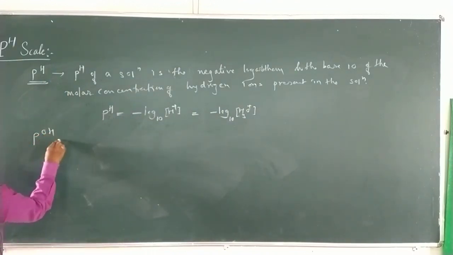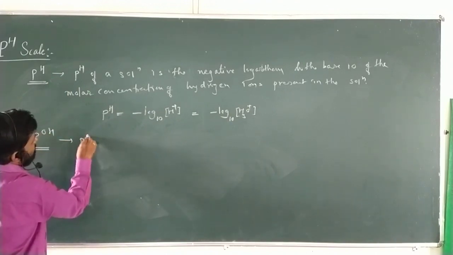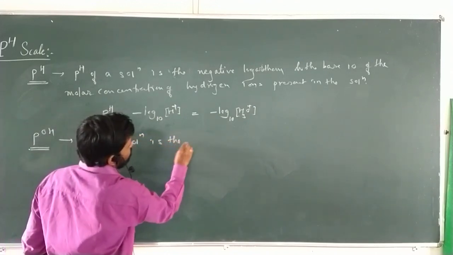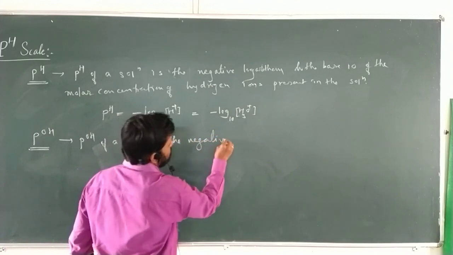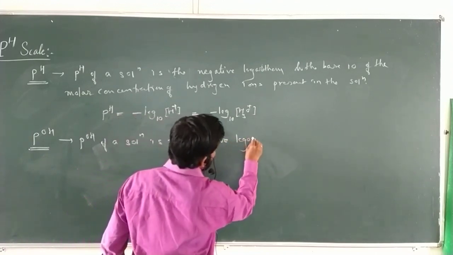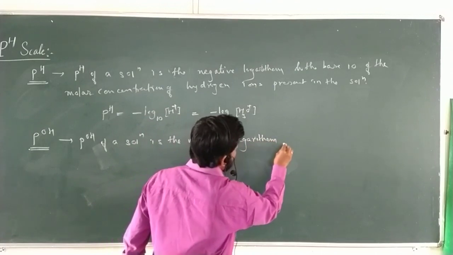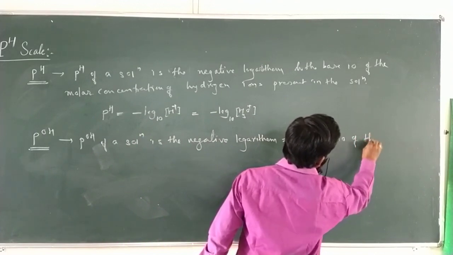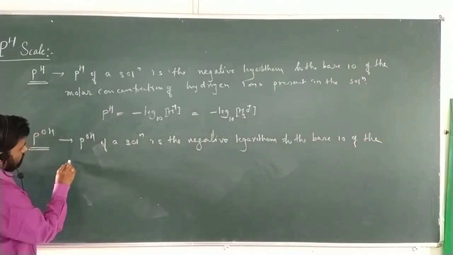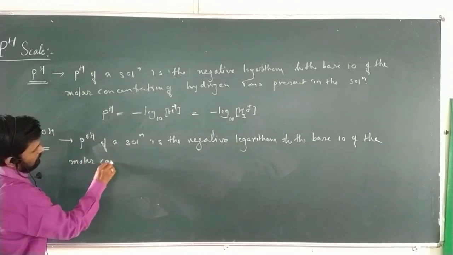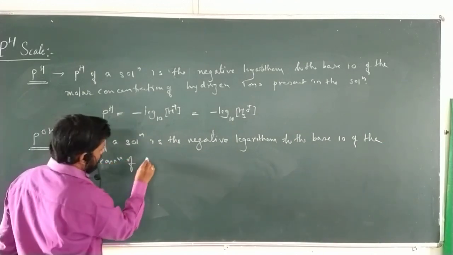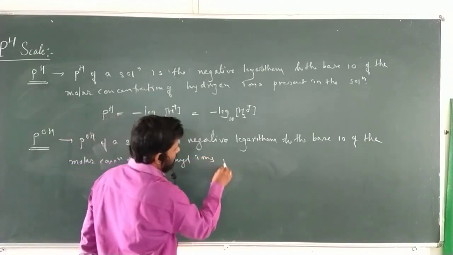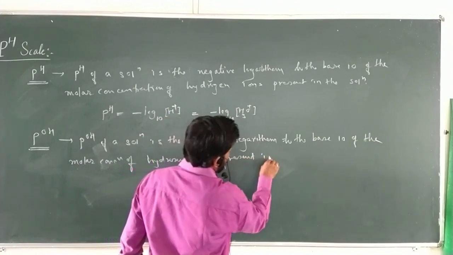pOH. The pOH of a solution is the negative logarithm to the base 10 of the molar concentration of hydroxyl ions present in the solution.